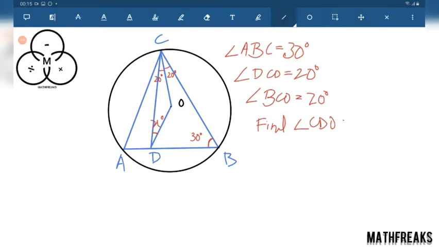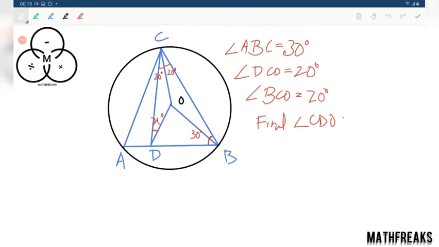Now let us start solving the problem. We will first join this. Interestingly, this is also the radius. So this angle will be equal to 20 degrees.